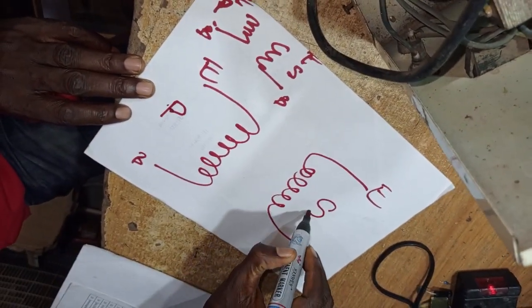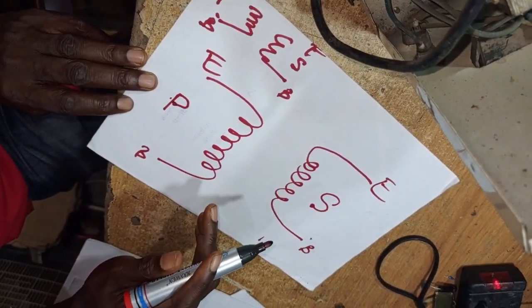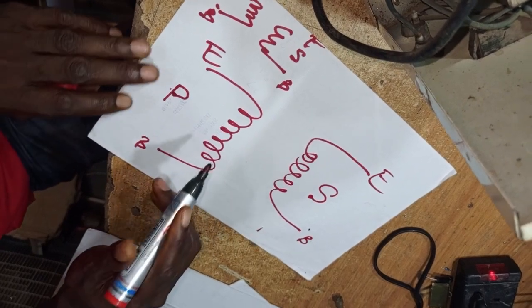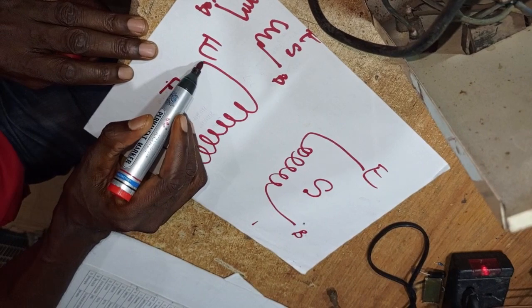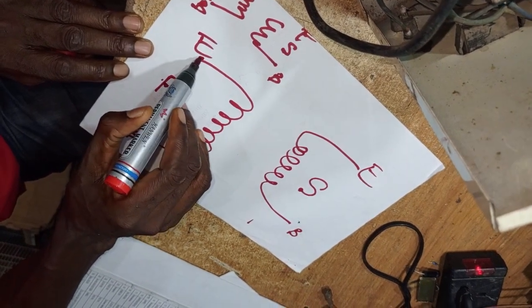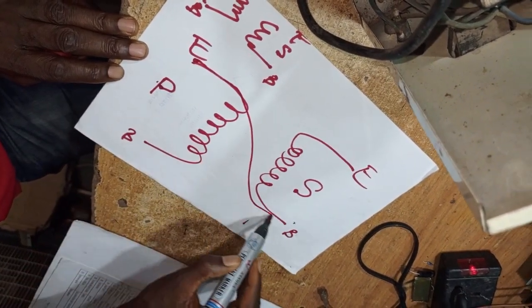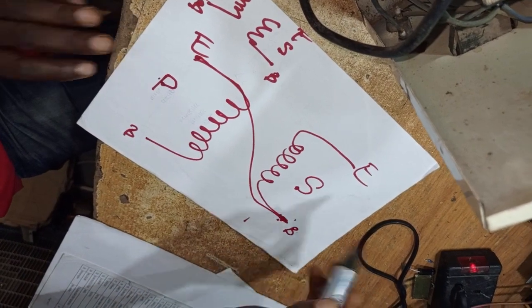This is your secondary. Now for an auto transformer, the primary and the secondary are linked together. This one, which is the ending of the primary, is linked to the beginning of the secondary.